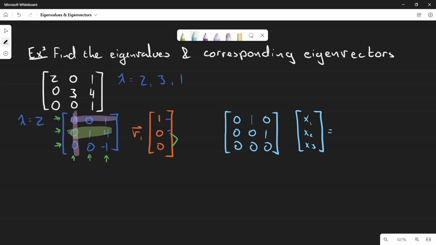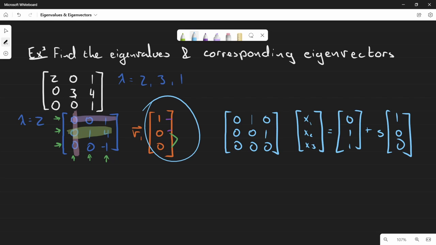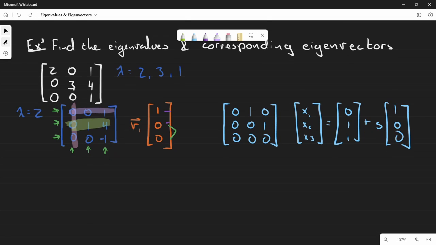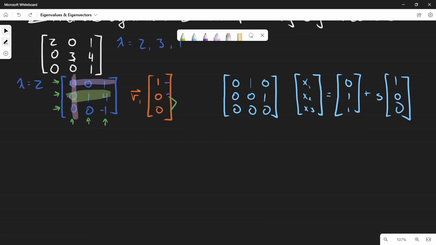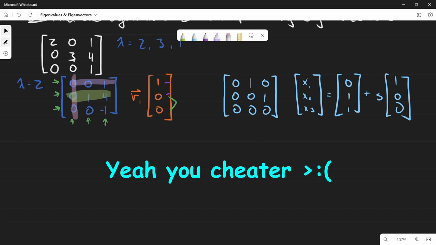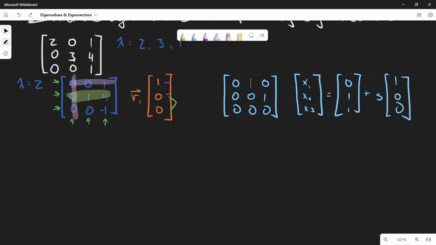This is the same thing that we did last video, and it's gonna be 0 1 1, and this is gonna be plus s 1 0 0, and we can see that this is the same thing as the eigenvector that we guessed. Well, some people can argue that I already know this because I did this, but it works with just any matrix, just do it on the spot.